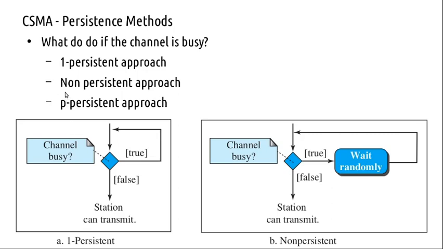In the one persistent approach, you check whether the channel is idle. Then it will transmit the frame with the probability 1. Whatever happens, let it go like that.